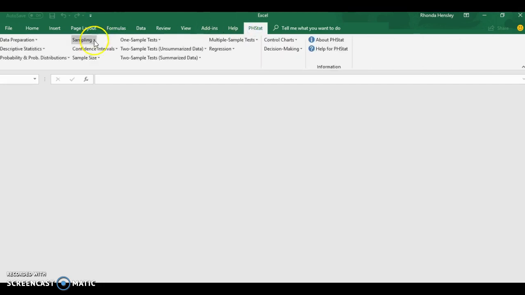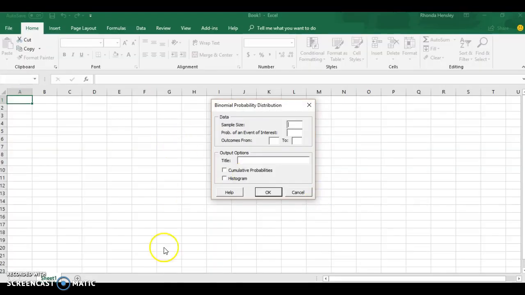So go to PHStat, and then under probability and probability distributions, go down and pick off binomial. It'll open up a sheet in the workbook. And again, your sample size for this problem was 4. Binomial distributions always have a sample size, so you're looking for the probability of 0 occurrences, or 1 occurrence, or 2 occurrences, or 3 occurrences, or 4 occurrences out of 4 chances.